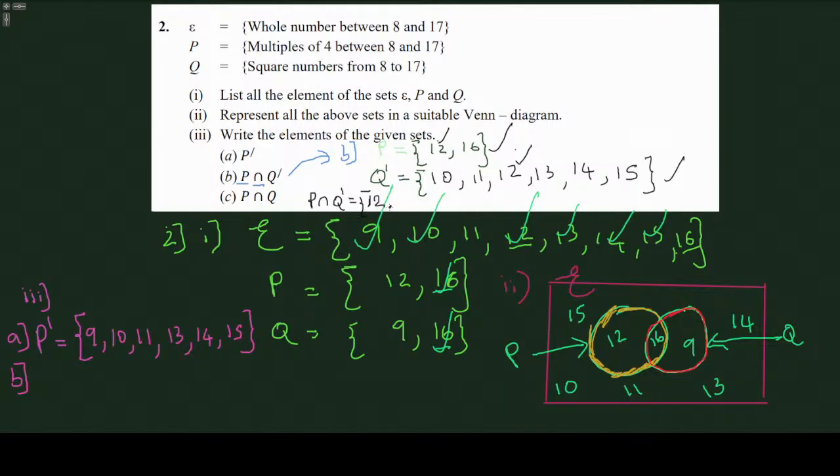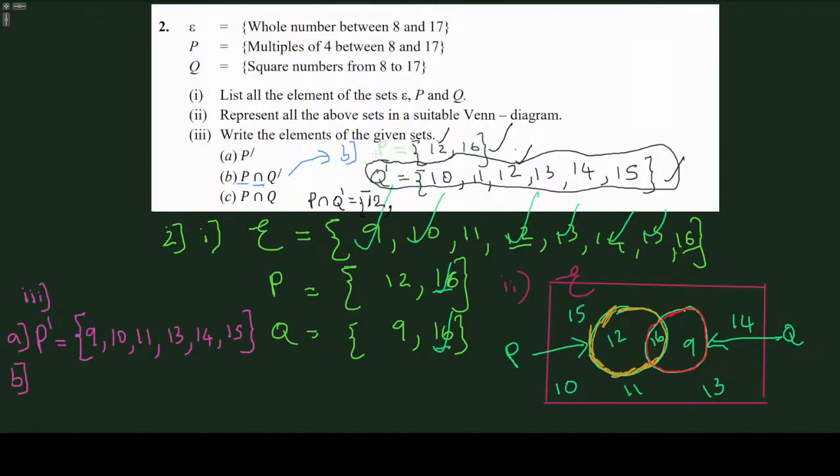Intersection means common elements. What's the other item you see in set P? 16. Does 16 appear in the set of Q complement? Where is Q complement? Right below P, we have written the set of Q complement. In this Q complement set, do you see 16?